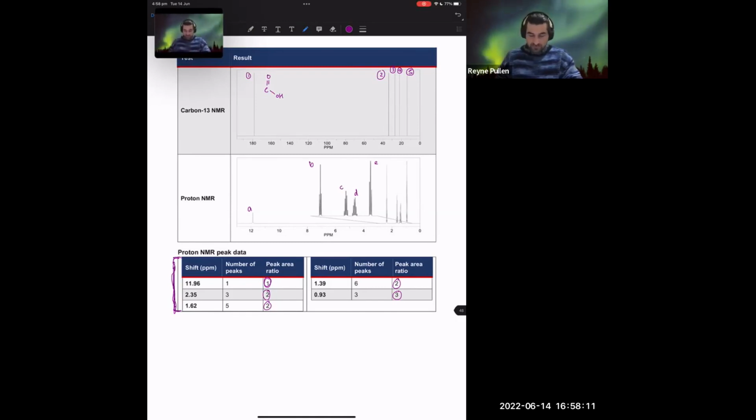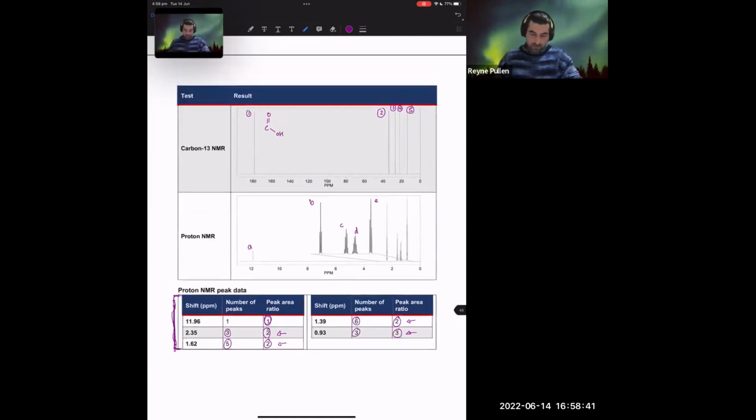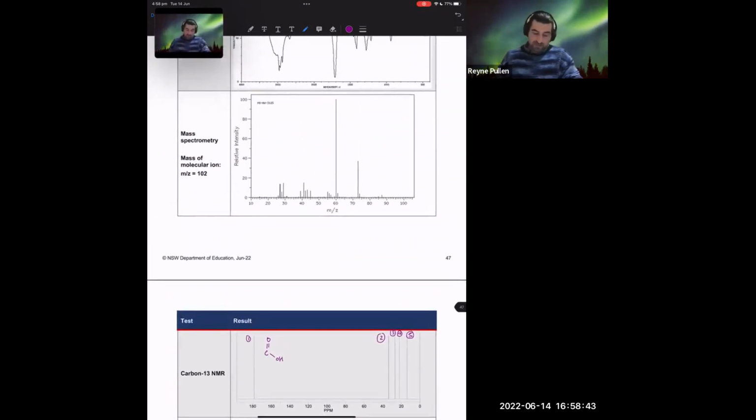There are 2 protons in this environment, 2 in this one, 2 in this one, and 3 in that one. The number of peaks tells us how many protons are next to it, following the n+1 rule, which relates to how many neighboring protons there are. We'll leave that because it will work best when we start to draw this out. We'll come back up to the mass spec.